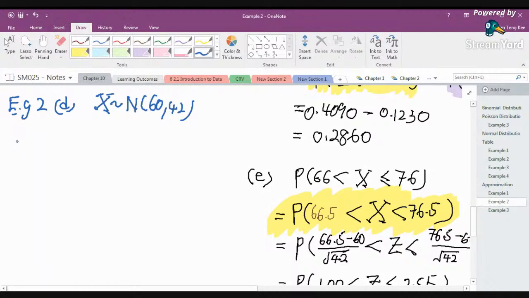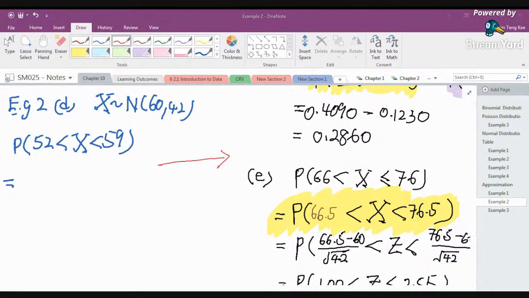For question D, I would like to find the probability for 52 less than X less than 59. How can I get this answer? Again, we have a quick check on the number line. Let's say here is 52, here is 59. I don't want to include 52 and I don't want to include 59.